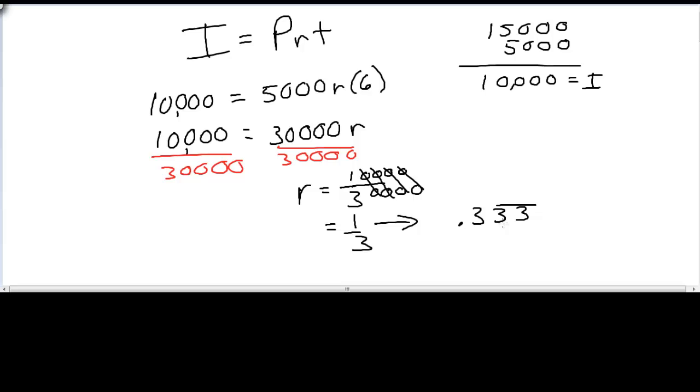As a percentage, I need to convert this by multiplying by 100. Now I have 33.3 repeating percent. And that would be my answer. So we'll need an interest rate of 33%, more specifically 33.3%, to gain that $10,000 in interest over 6 years.